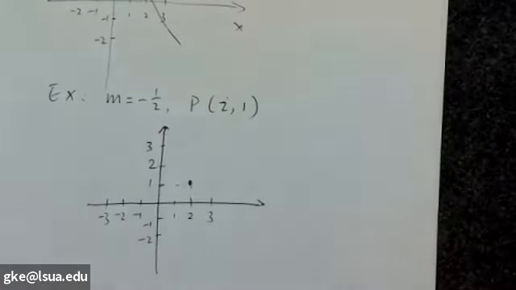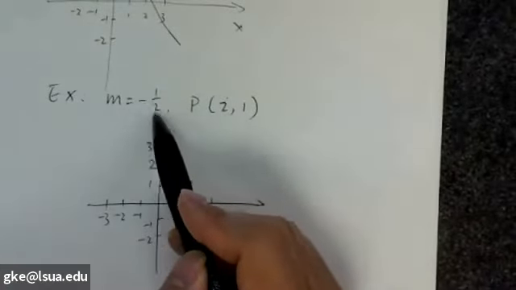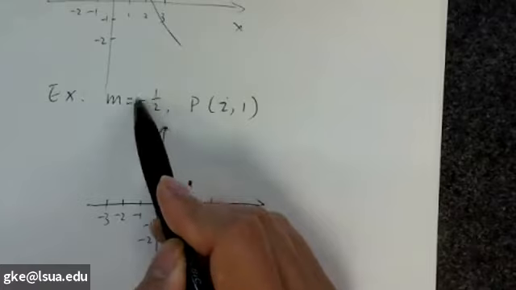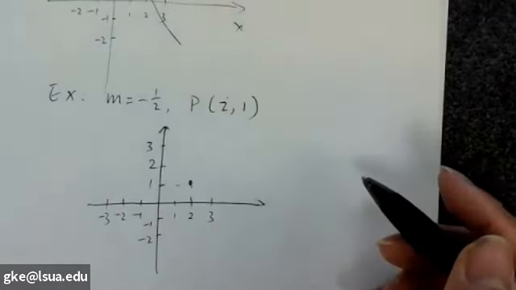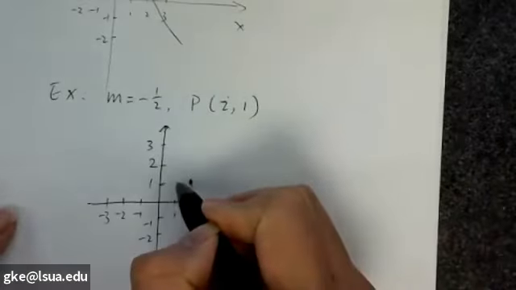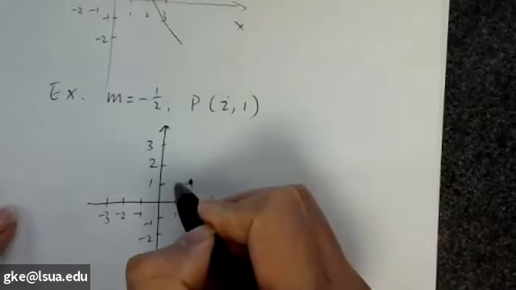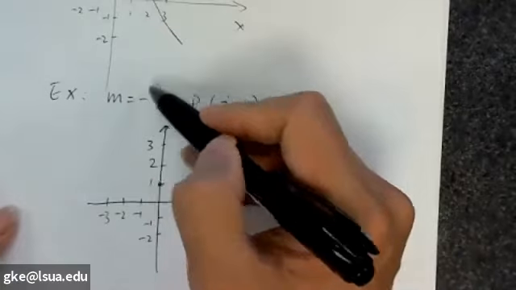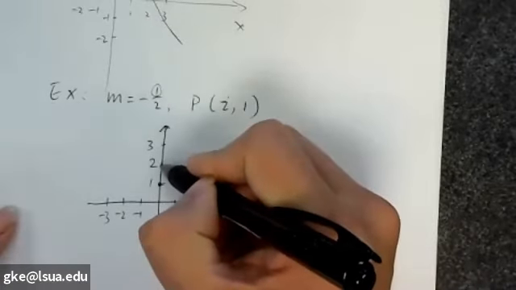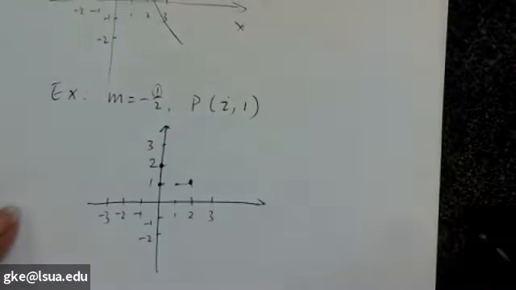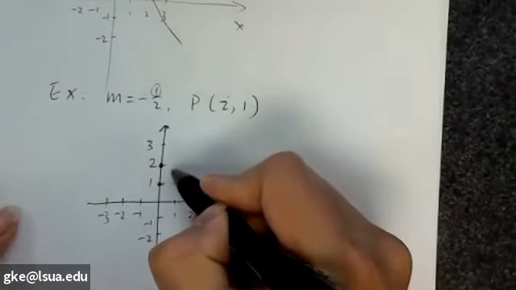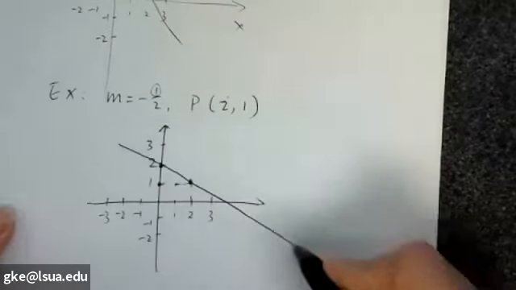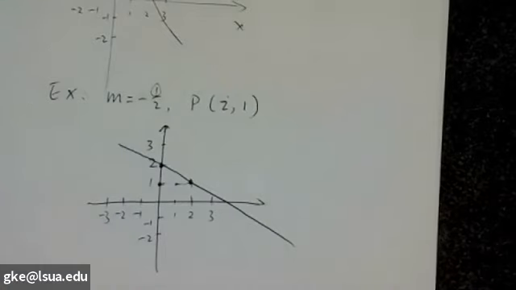That's the point. And also we have a negative sign. That means we're gonna move backward 2 units. So backward 1, 2 is here. And the numerator is 1, upward 1. That is here, right? Then connect these 2 points. That's it. Okay.